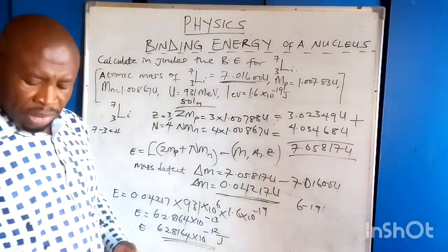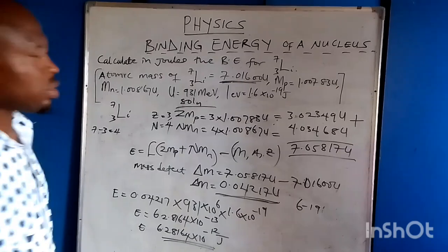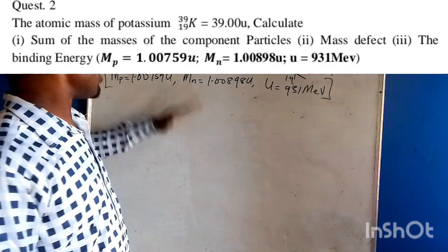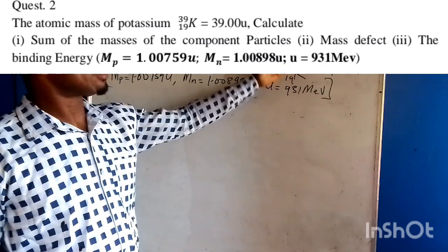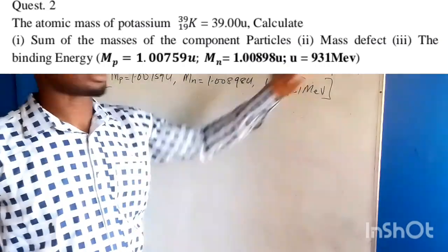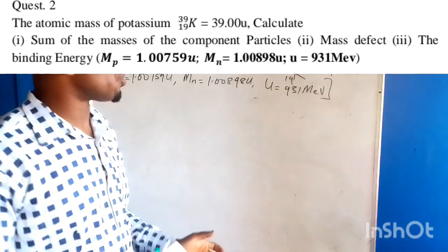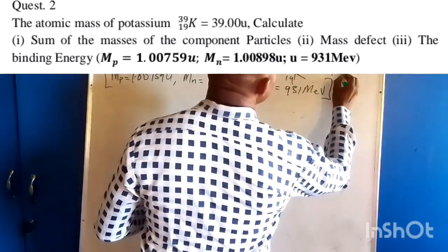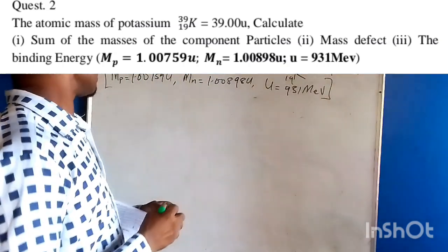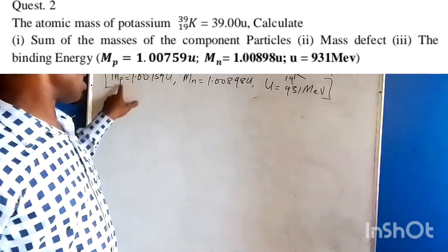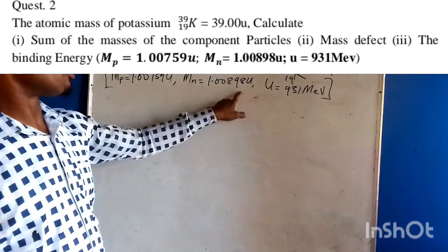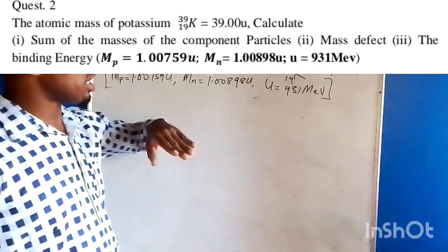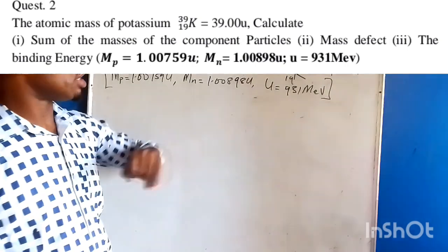We take the second question. The second question says the atomic mass of potassium 39,19 is 39.00 atomic mass units. We have here the mass of proton, the mass of neutron, and then the value of one atomic mass unit.